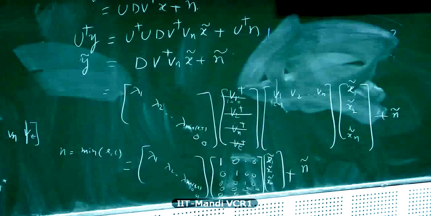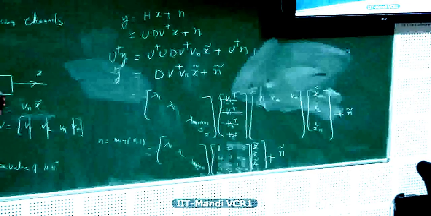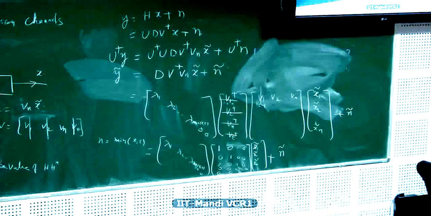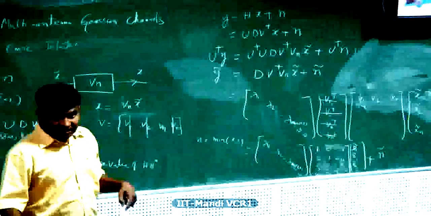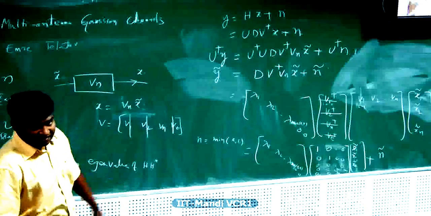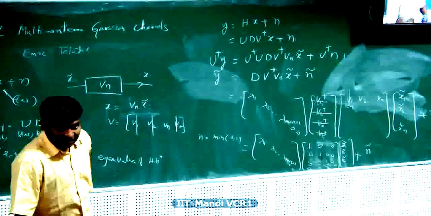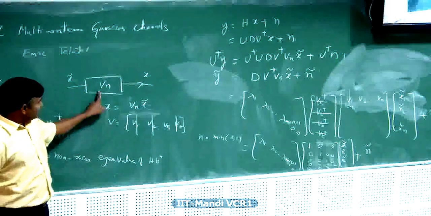So the question is, are all the antennas utilized? Well, they are utilized, right? The number of streams is less than the number of antennas, but it doesn't mean that some of the antennas are discarded. Whether you send one stream, two streams, or more, what is the dimension of Vn?